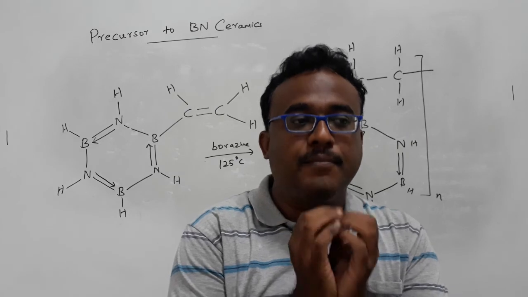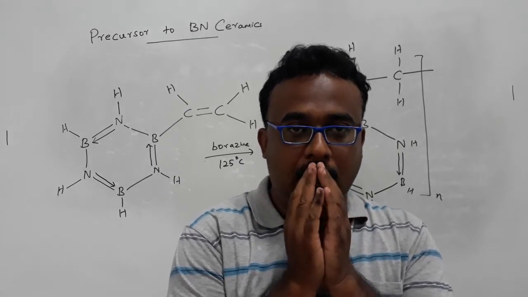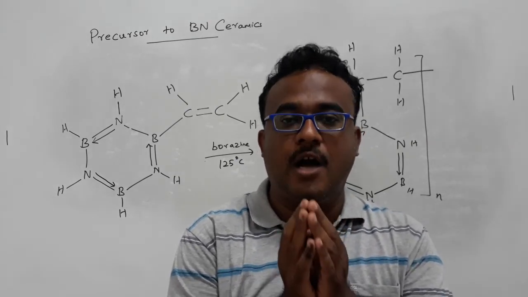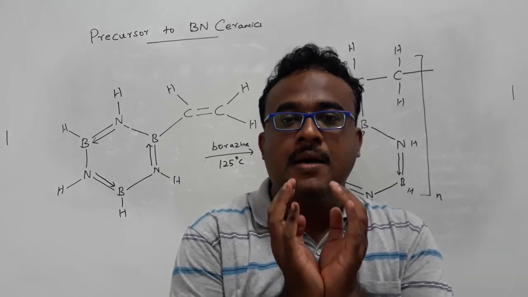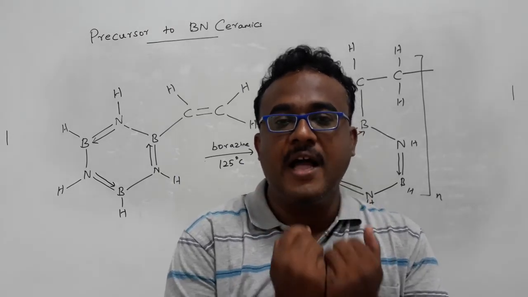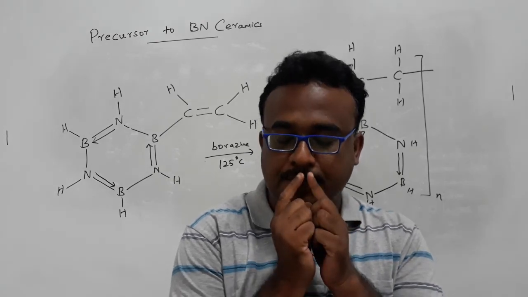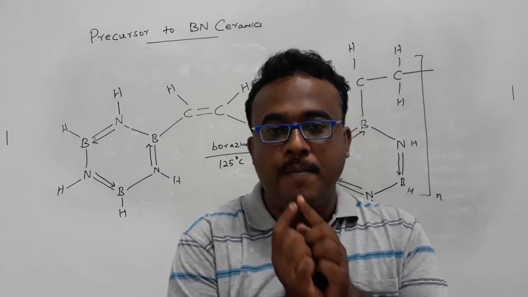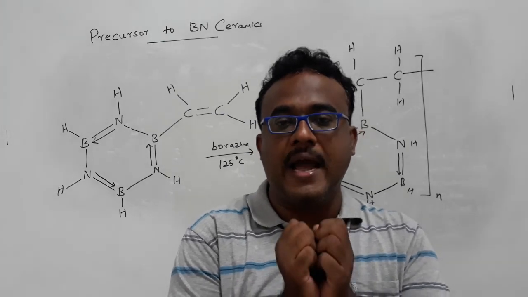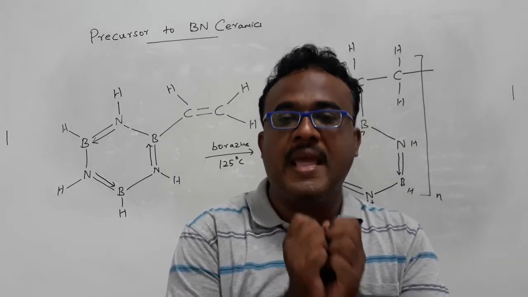When we react borazine with THF-solvated chromium tricarbonyl, we get a puckered borazine-coordinated chromium complex. Especially, the boron chromium bond is weaker than the nitrogen chromium bond.